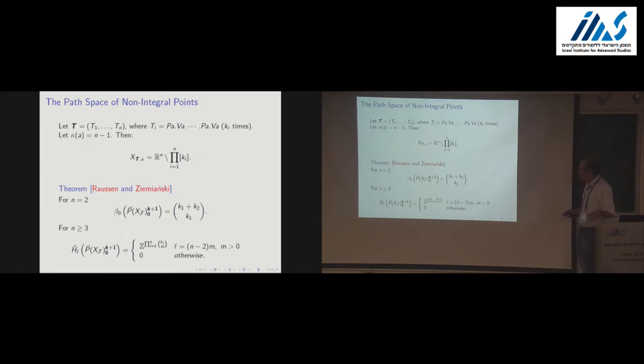But Ziemiański computed that you get homology only in dimensions which are non-zero multiples of n minus 2, and you get this huge homology. Let's see an example of this.